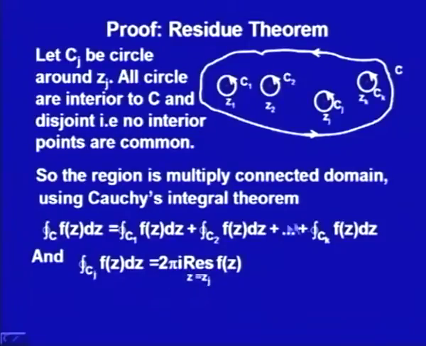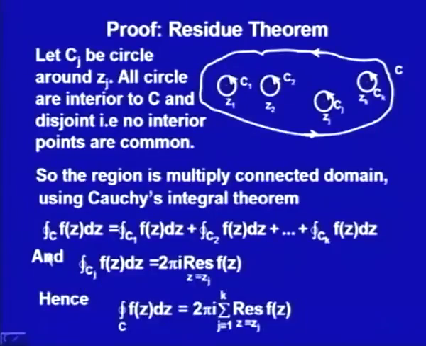Now, substitute this over here. For each one, what we are getting is that the integral of f(z) along this closed contour C should be 2 pi i times the summation of residues of f(z) at the points zj, and the summation is over all singular points. This is our residue theorem.